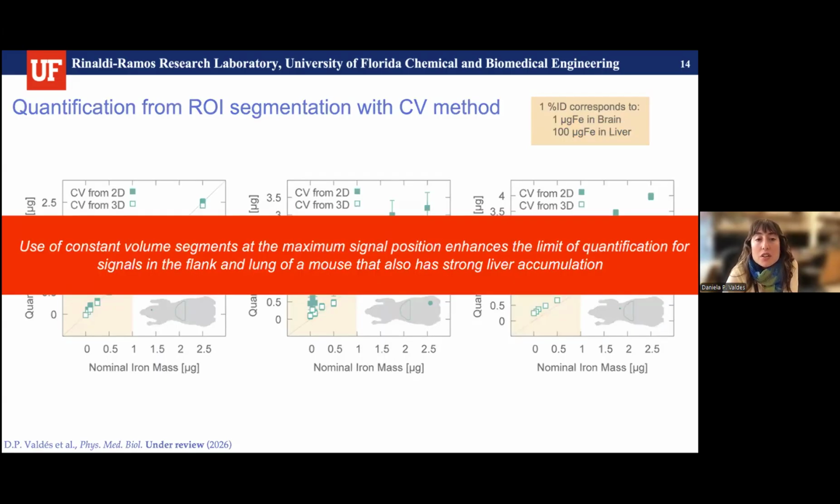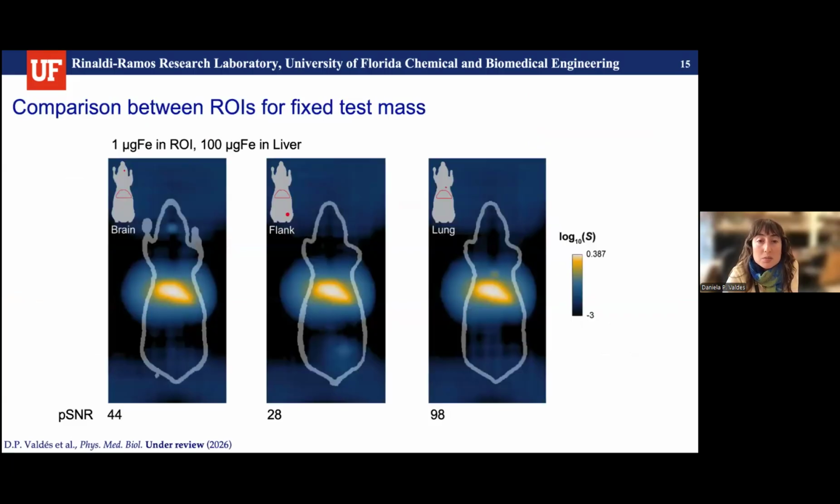So the use of a constant volume segment as a sphere, for example, can enable us to do segmentations in challenging cases, but for low SNR scans as in the flank or cases that are highly affected from the spillover, as in the lung, we still have some problems.